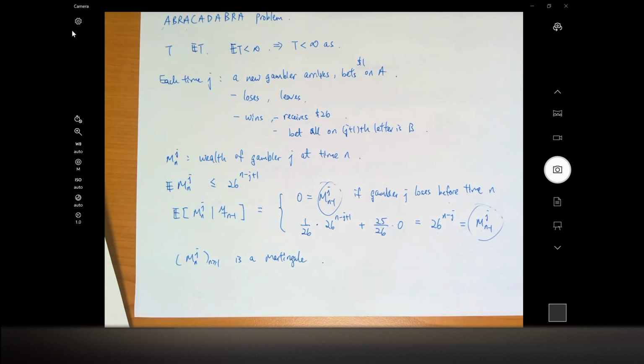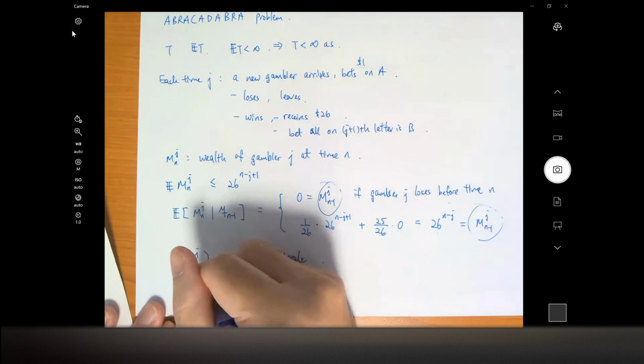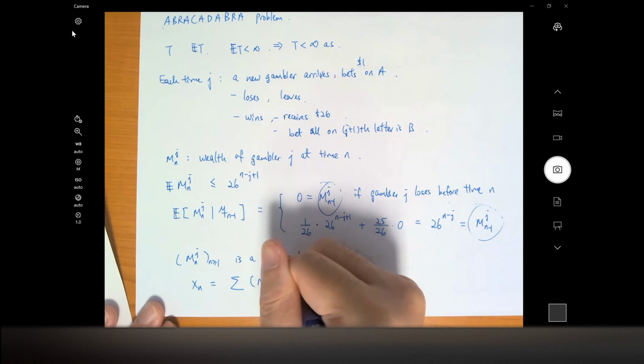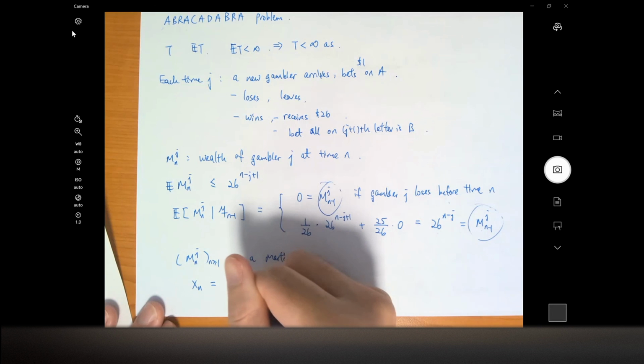Now I can add the wealth or the payoff of all the gamblers together at time n. So I let Sn be the sum of all these Mnj's, where j goes from 1 to n.